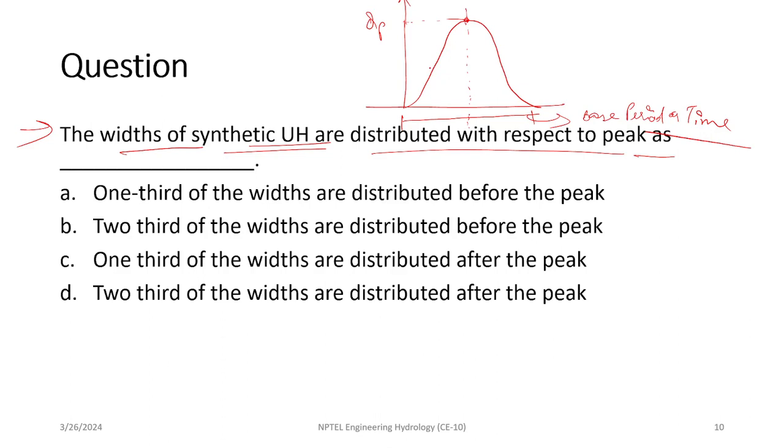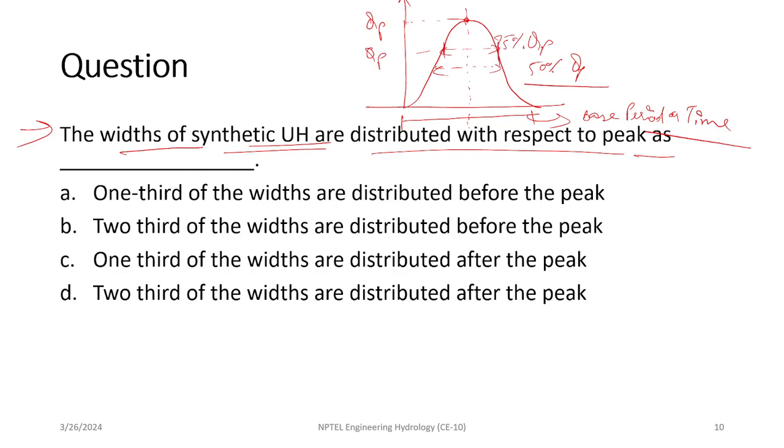But while we are dealing with the synthetic unit hydrograph, we also need some information like the width at 50% of QP, in the sense half of the maximum discharge. Then we should also have an idea of the width at 75% of the maximum discharge, that is QP.